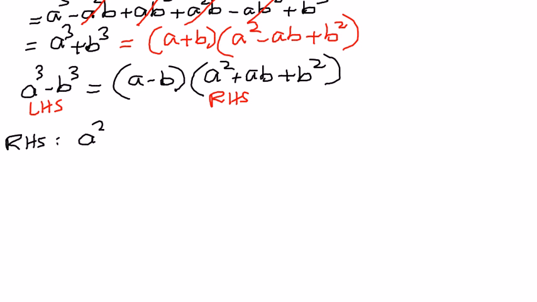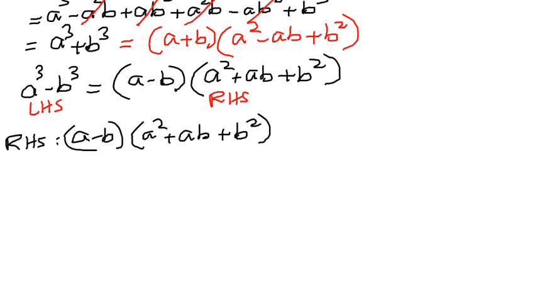a minus b times a squared plus ab plus b squared. So now let us expand this. Let us do the distribution of every one of the terms.